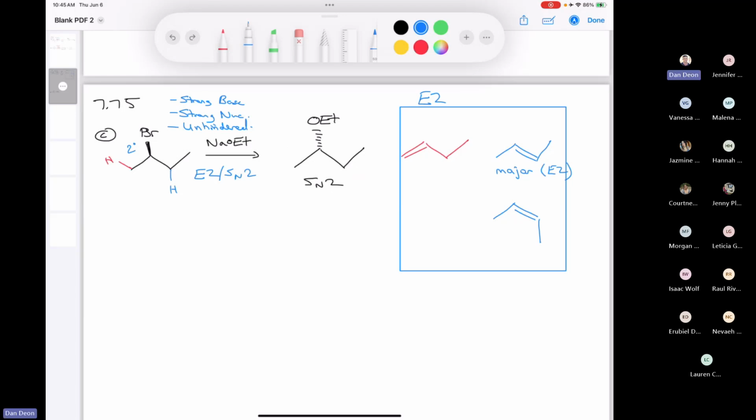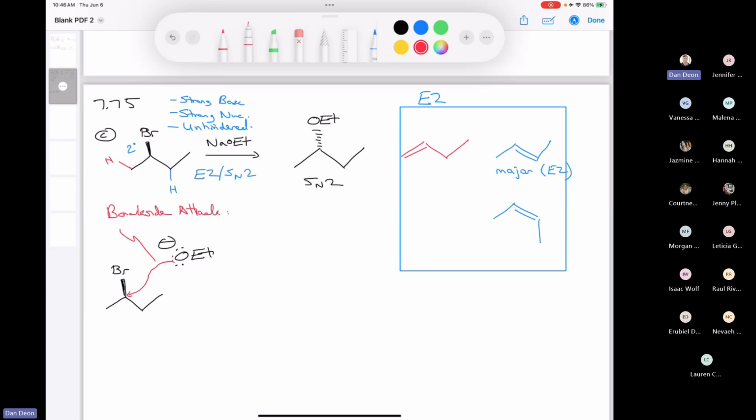In this case, because we get inversion of configuration, right? So what happens is, remember, when you have an SN2, you always have backside attack. So the bromine is coming out towards us, and so when the ethoxide attacks, it attacks from the rear face of the molecule. So this is backside attack.